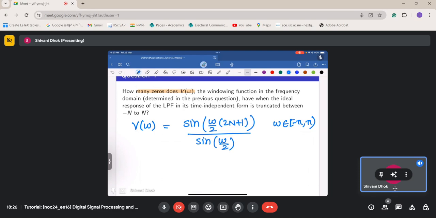And the question says that we need to figure out how many zeros, like how many roots, does this particular equation have. Okay, so which simply means that we should set this numerator to be equal to 0. However, we shouldn't take into consideration those values of omega where this sine of omega by 2 also goes to 0.